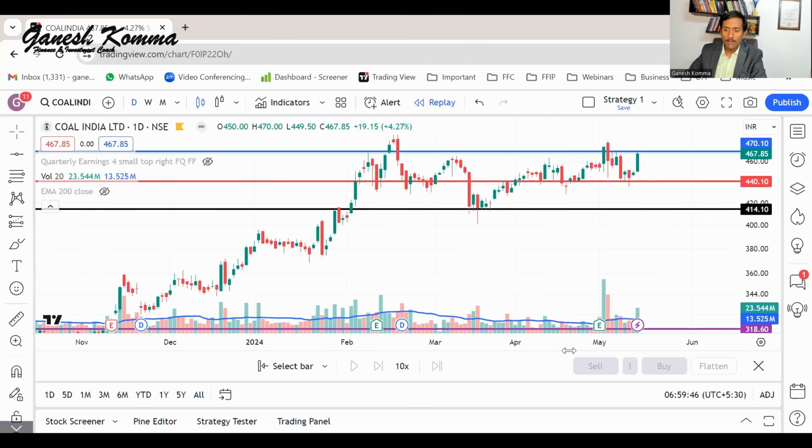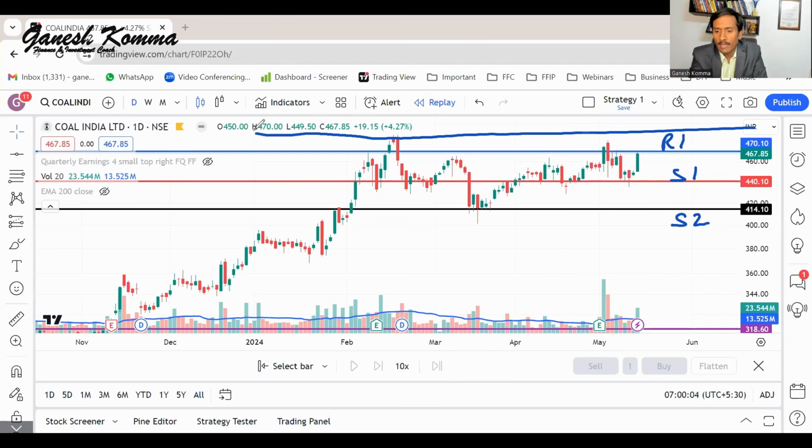So I would call 440 rupees your first support, S1, 414 or 415 is your support 2, and 470 is your resistance 1. And if you draw one more line like this, connecting this dot, this can be your R2, your next resistance.